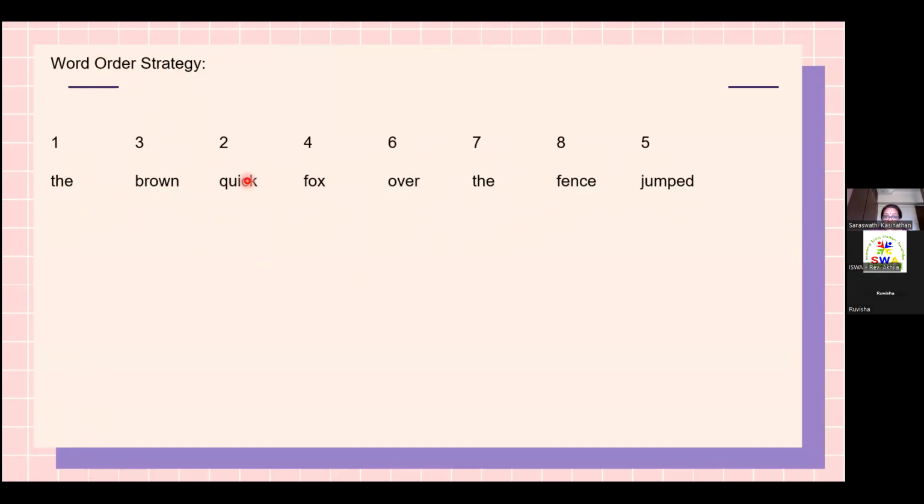The quick brown fox jumped over the fence. So in order to rewrite the sentence, I write the numbers on top so that when I rewrite, I know which number must come first.